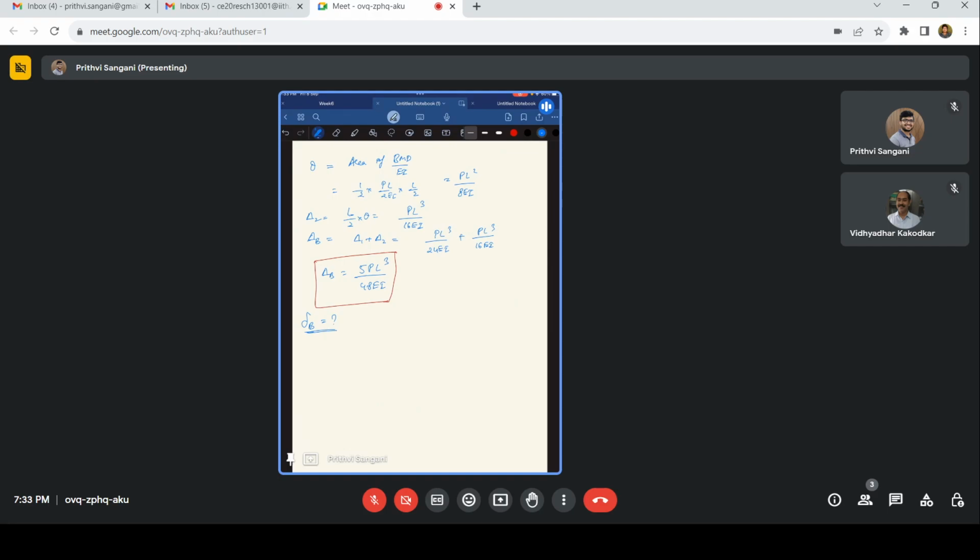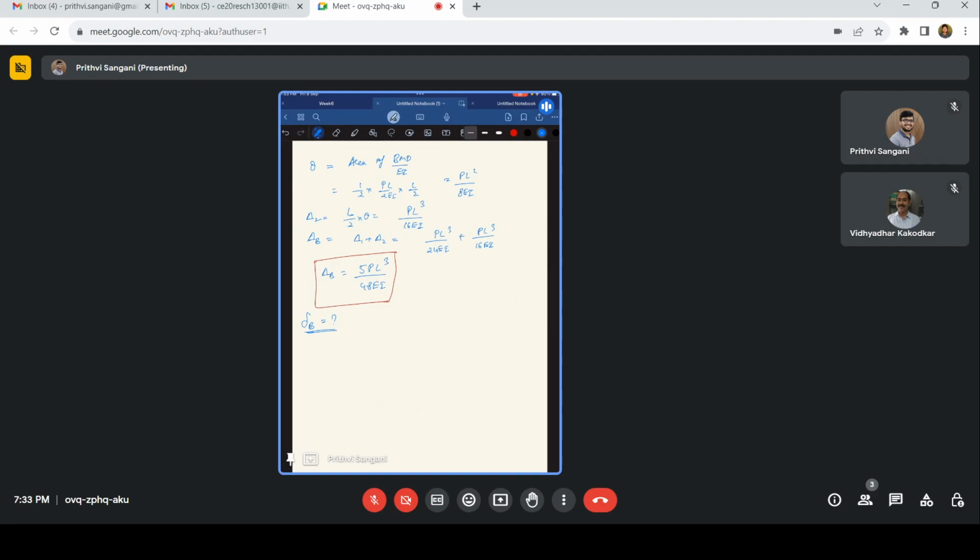Let me just formulate them. You can actually write it in matrix form, right? So how can you write it? You can simply write something like this: L cube by 3EI, L square by 2EI, L square by 2EI, L by EI.